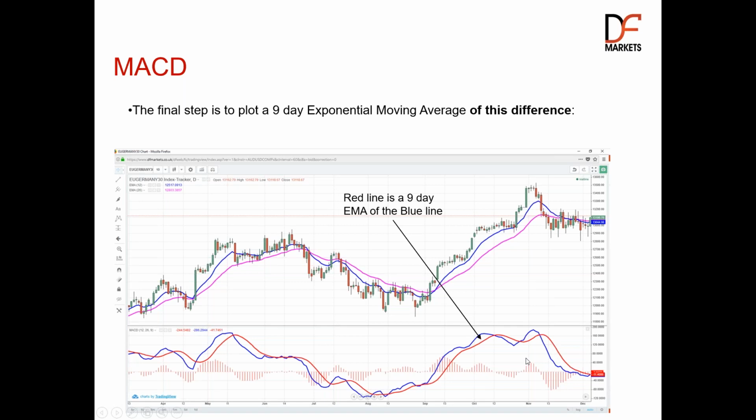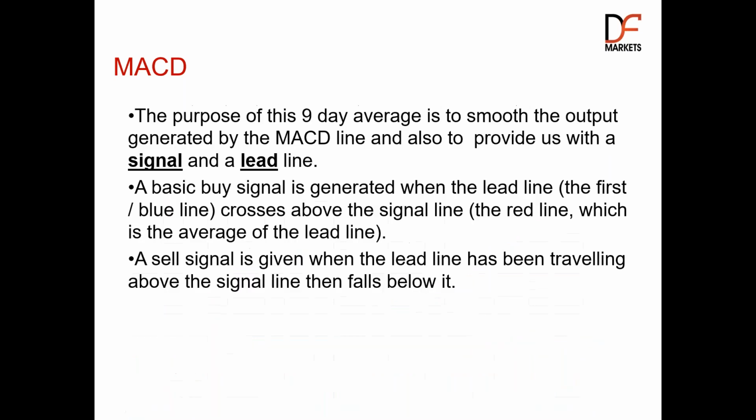When they cross, like here and here and here, that histogram is at a reading of 0. You can see the bumps in the histogram while it's above 0, and the troughs while it's below 0. So it's always oscillating around that line whenever these lines are crossing. Okay, so that's the basic construction of the MACD.